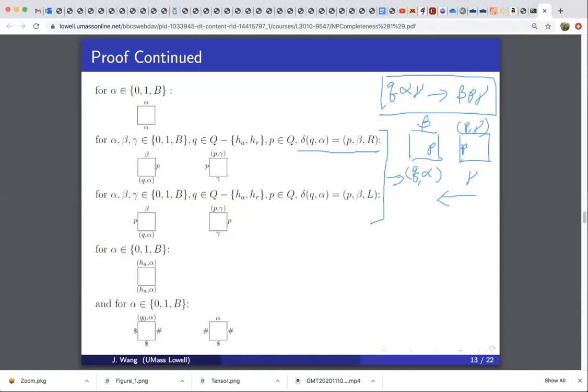So for each transition that looks like this, going to the right and changing the symbol from alpha to beta, I'm going to include these two tiles. Likewise, for when you move to the left, this is where I begin with.